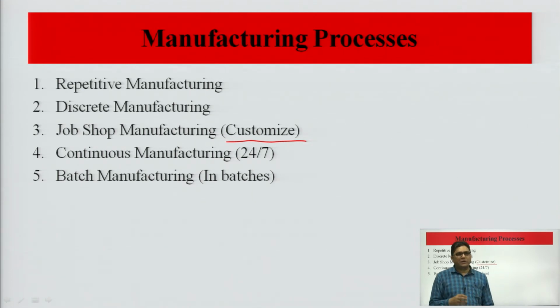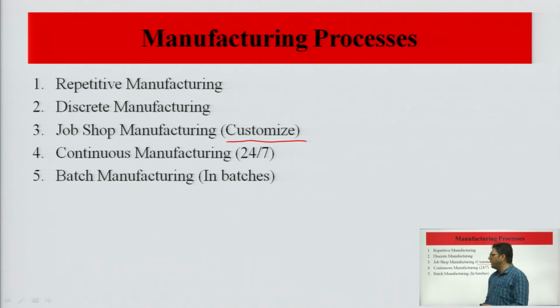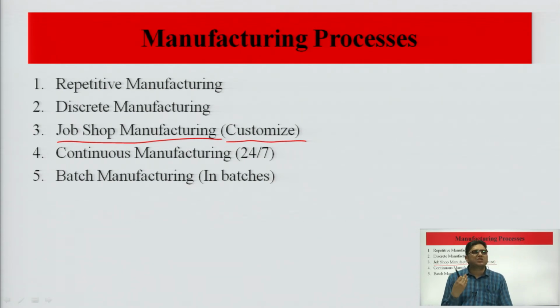So, here there will be a group of products which will be produced, but in a customized way, in a specific way, as per the specification given by the buyer. Unlike repetitive and discrete manufacturing, in job shop manufacturing your manufacturing process or system will be based more on customization, as per the specification of the customer.